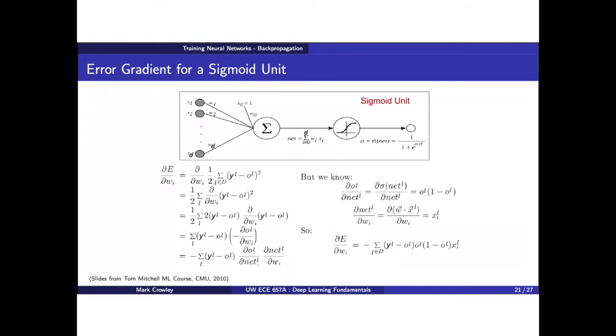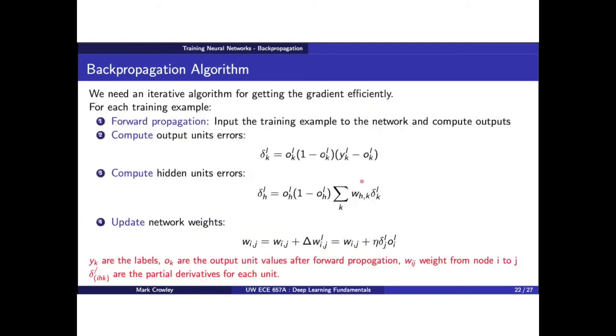The lowercase subscript would be the index of the node itself, like the weight for weight I. And on this next slide, we've got the output for node K in layer L, but then they're all L.